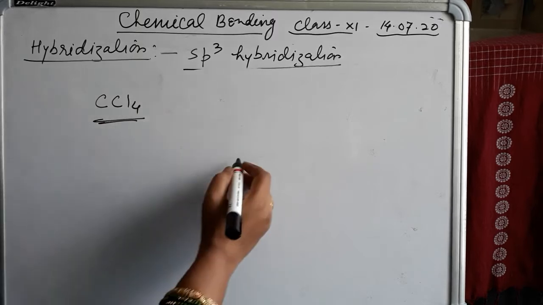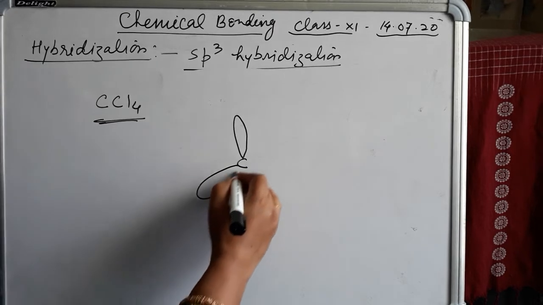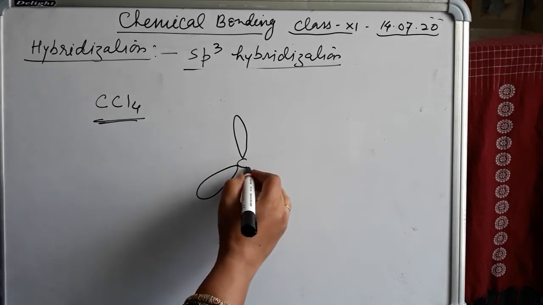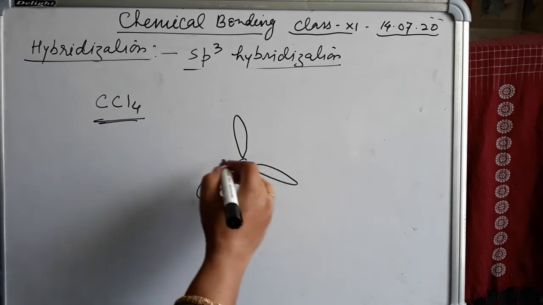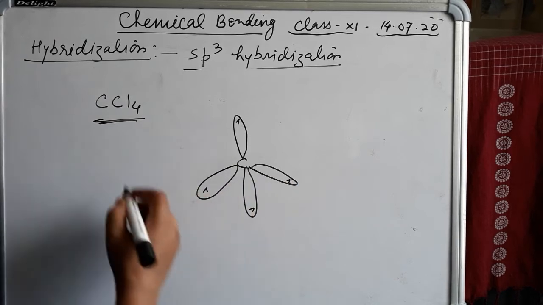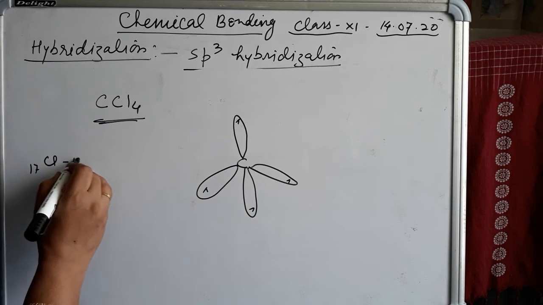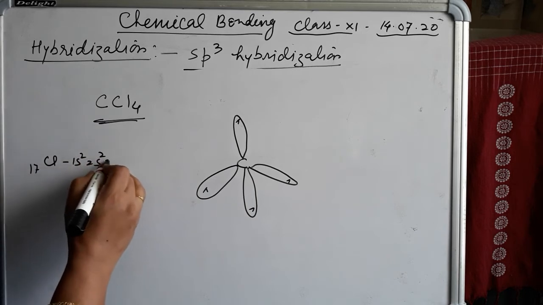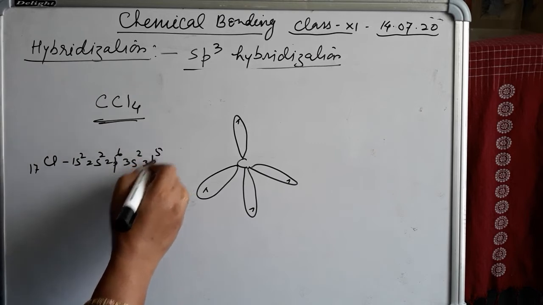CCl4: carbon with 4 hybrid orbitals, 1, 2, 3 and 4. Chlorine has atomic number 17: 1s2, 2s2, 2p6, 3s2 and 3p5.